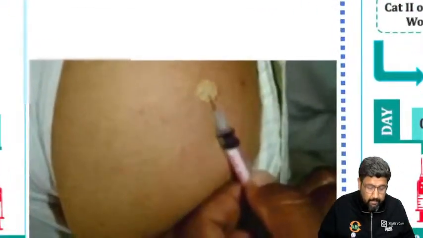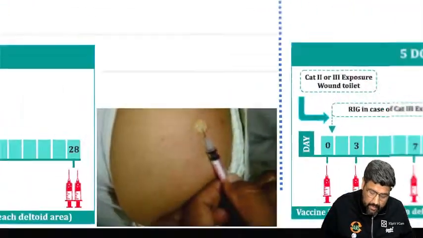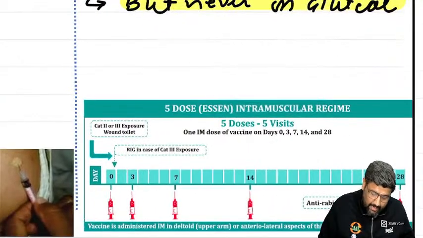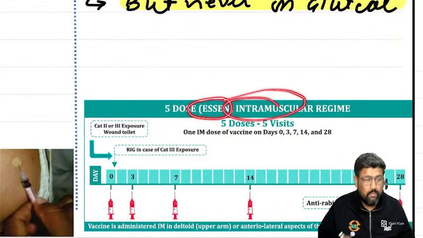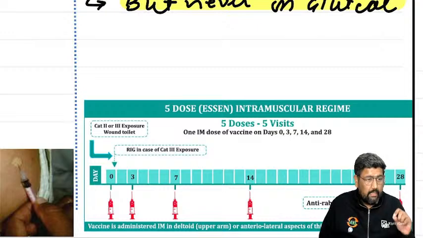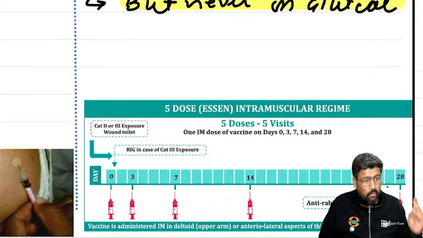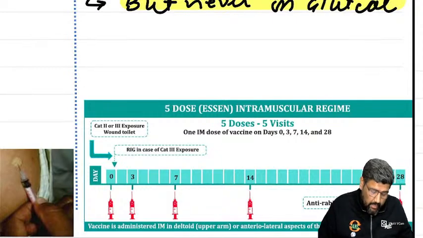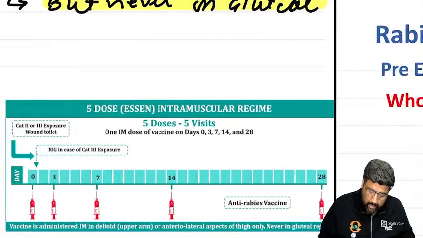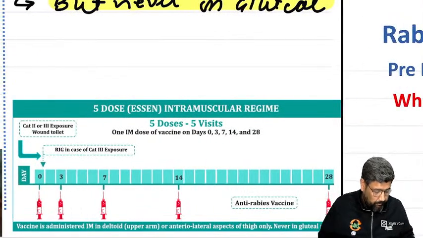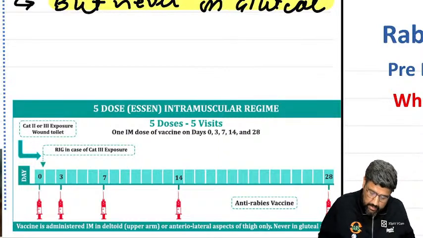So this is the bleb which will be there, right? And now coming to Essence. Essence is the intramuscular. Some students ask me, sir, Thai Red Cross also intramuscular? Never. Thai Red Cross is never intramuscular. It is always intradermal, right? So 1 injection, 1, 1, 1, and 1 injection here.